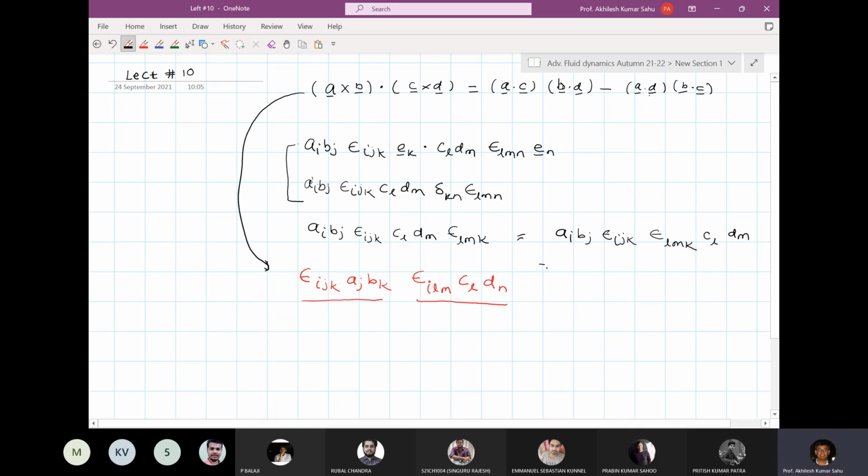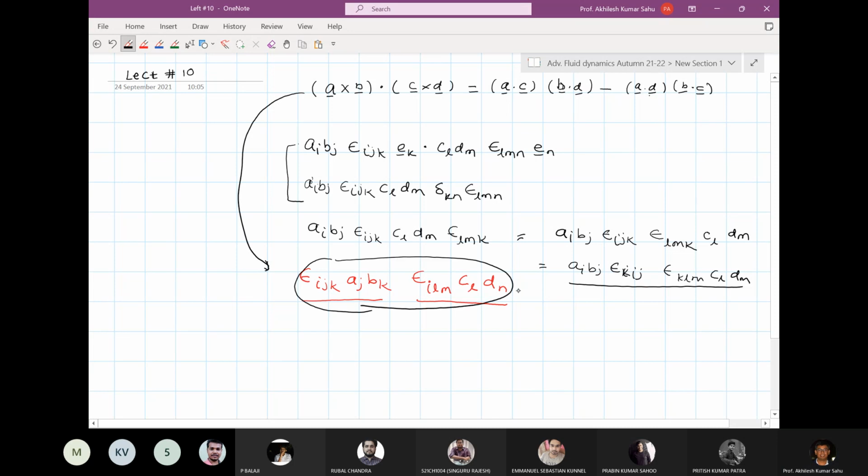Or I can write like this: A_i B_j epsilon_kij and then epsilon_klm C_l D_m. So this one and this one, both are same.